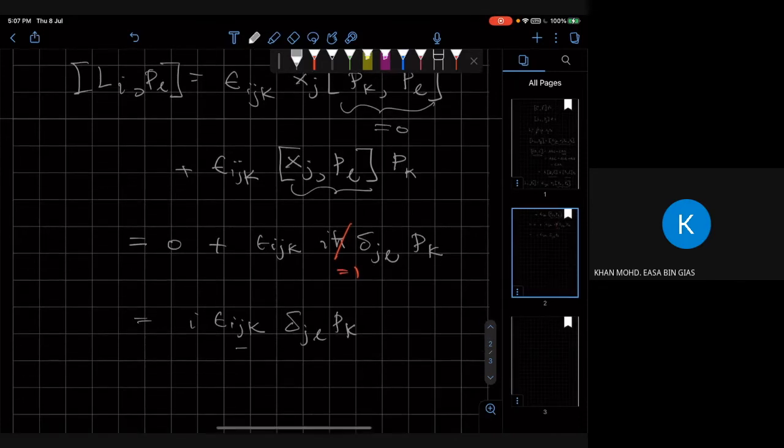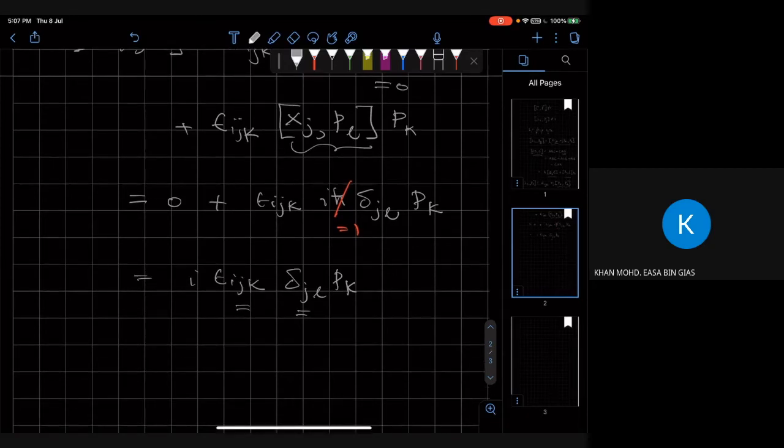Now we can do the sum. So j is a repeated index. That means it's summed over using the Einstein convention. That means that there's a sum over j and there's also a sum over k because that's also a repeated index. I'm going to use the Einstein convention, so I'm not going to write that anymore.